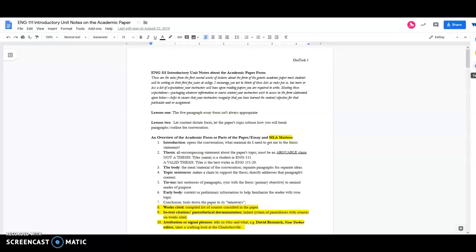I have found in English 111 that students who are transitioning from high school to college tend to come in with the misconception that every paper they ever write should be written in 5 paragraphs, which is to say, an introduction, 3 body paragraphs that each contain a supporting idea, and a conclusion.